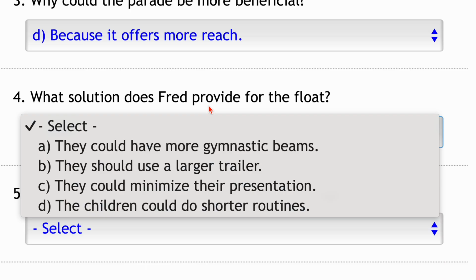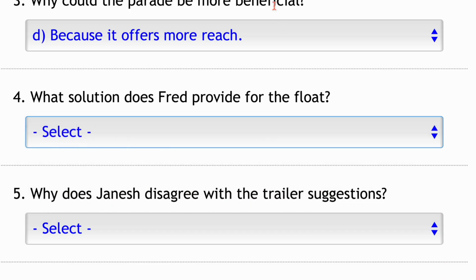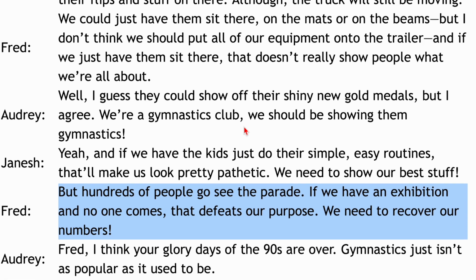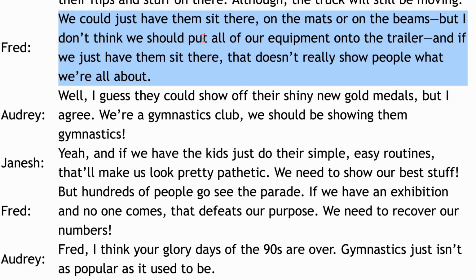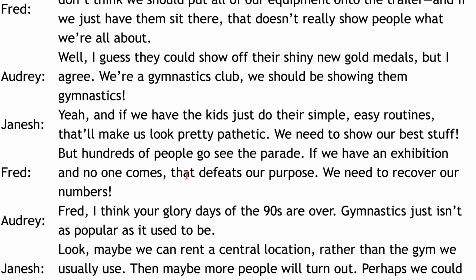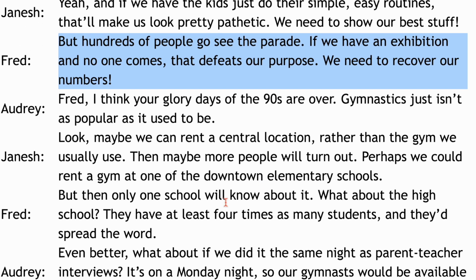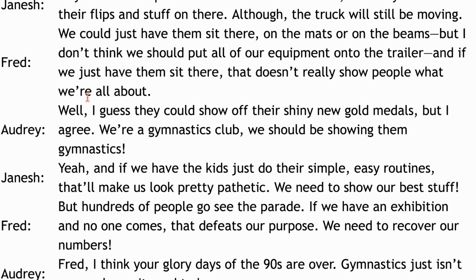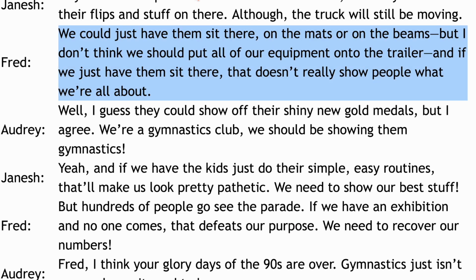So for the float, we think we read that already. We could just have them sit there on the mats or on the beams, but I don't think we should put all of our equipment onto the trailer. And if we just have them sit there, that doesn't really show. But hundreds, we need to recover our numbers. So it looks like it's here.